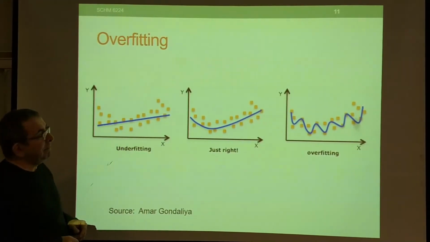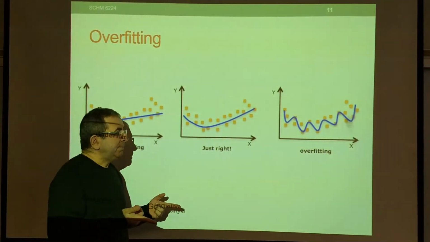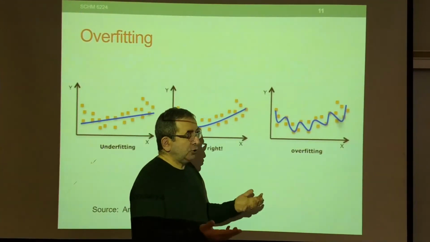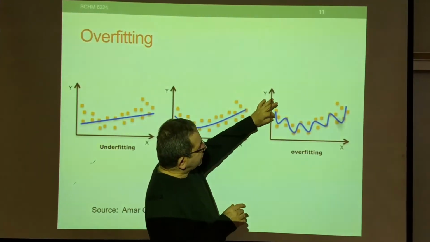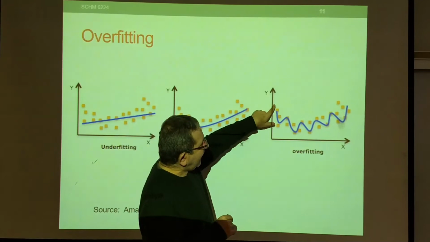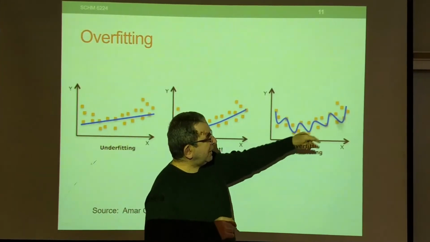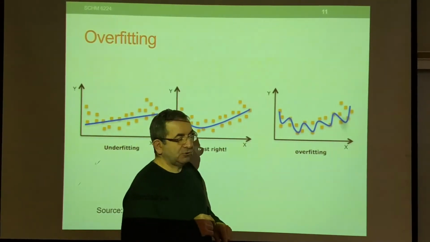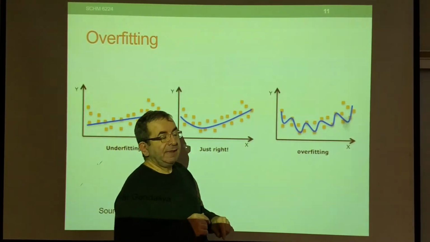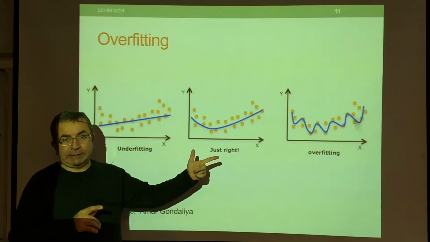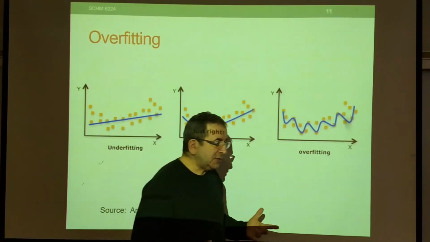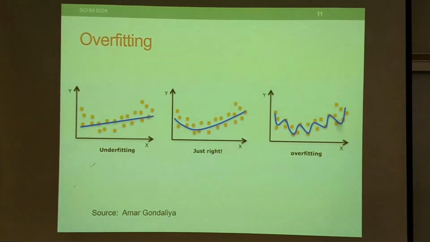On the other extreme, you could use an overly complex model that captures all the little nitty-gritty and gives you a misleading result. So you don't want to underfit and you don't want to overfit. So that's the idea.